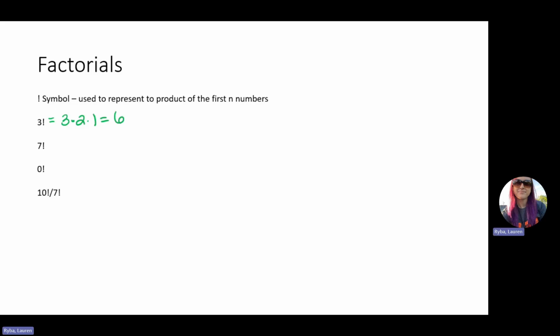7 factorial stands for the product of the first 7 numbers, so 1 to 7. Generally, I always write it from 7 down to 1 because I start with the number I have. 7 times 6 times 5 times 4 times 3 times 2 times 1.